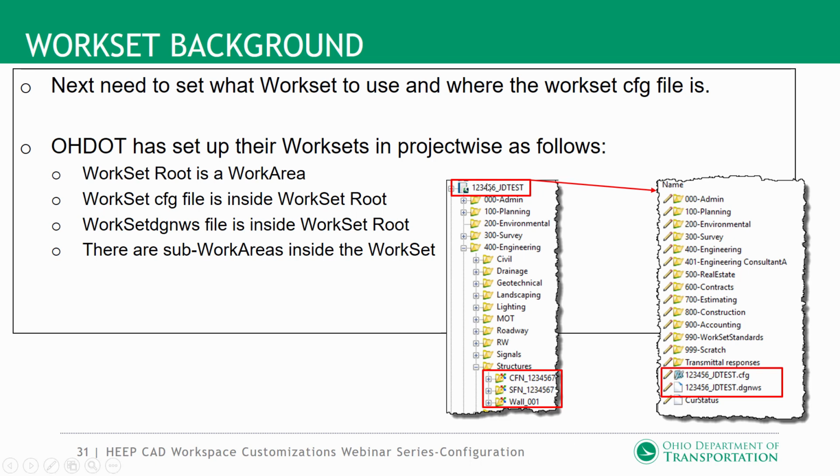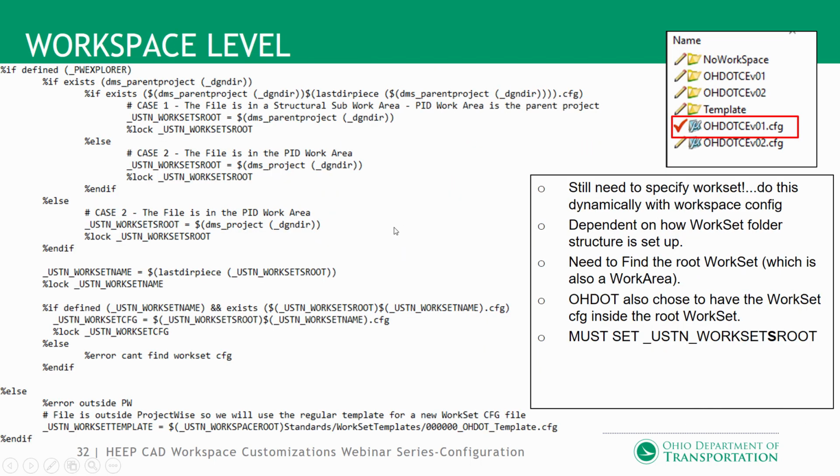Okay, we don't have a work area higher than this work area. So basically, I'm checking two levels up. If I find a work area, then that should be my work set, right? If I don't, then only go up one level, and that should be my work area. So that's what this is doing. Case 1, you're in a sub work area, so I need to go up 2 to find that work set.